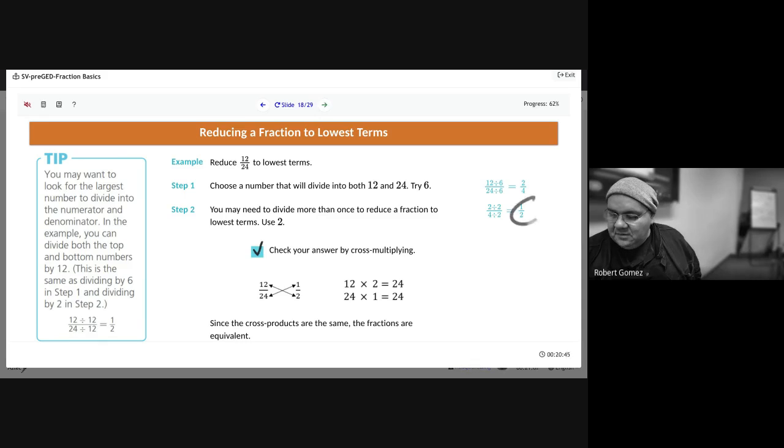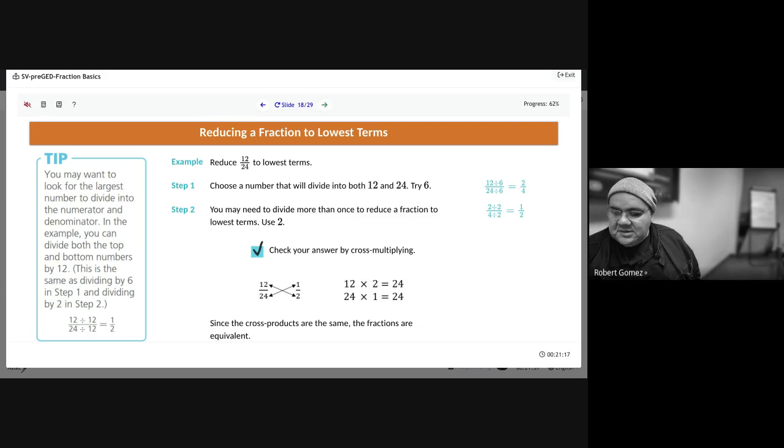Once you have your answer, you can take your answer and multiply it by the original fraction to make sure that it's going to work out. So you get 24 over 24. That's fine. But my advice is work the examples.